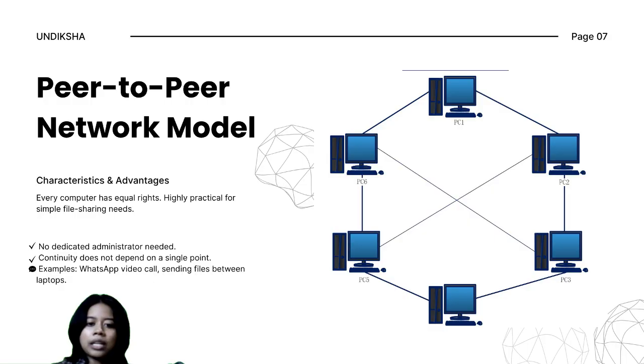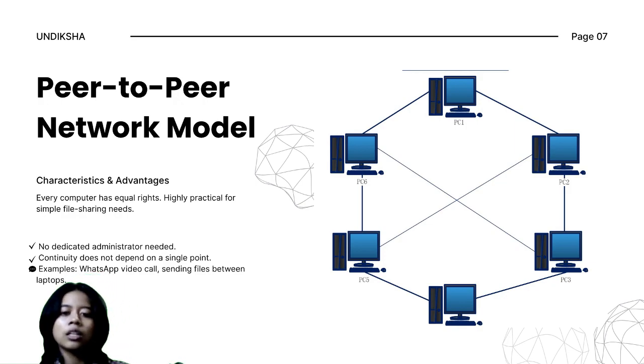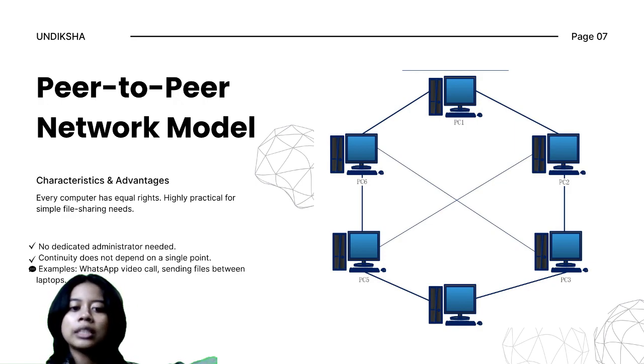Instead, every node acts simultaneously as both a client that requires data and a server that provides resources to other nodes. Because of this decentralized architecture, a P2P system requires no dedicated network administration, and the overall network continuity is highly resilient because it does not depend on a single central point of failure.